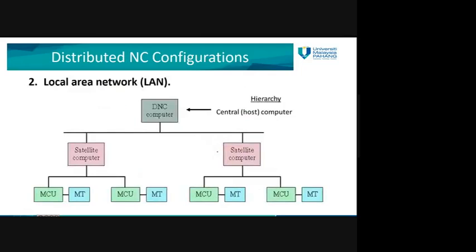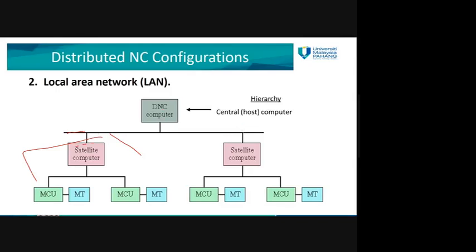The second is the local area network, the normal LAN that we use when we connect computers to each other. You have a bus here, and from the common bus of the network, each satellite computer can connect. I mean, each DNC, or direct numerical control, can be connected to the bus. The number on the bus is not limited. We do not have a limitation in terms of the number of DNCs connected to the DNC computer.